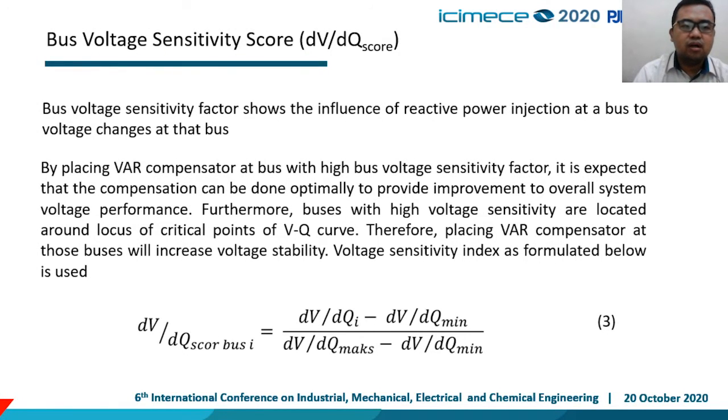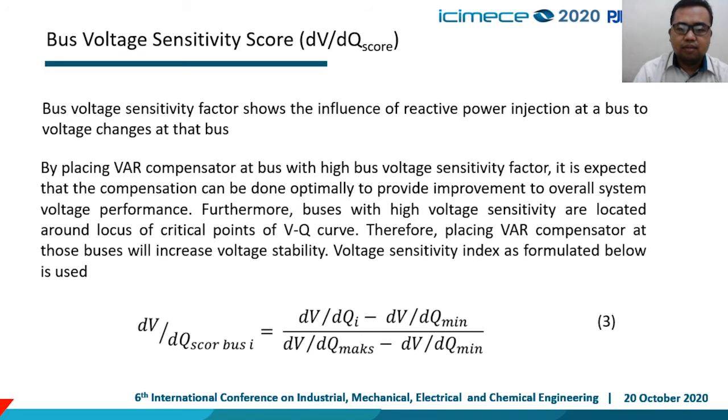Parameter 2, bus voltage sensitivity score, dQ/dV. Bus voltage sensitivity factor shows the influence of reactive power injection at a bus to voltage change at that bus. By placing VAR compensator at bus with high bus voltage sensitivity factor, it is expected that the compensation can be done optimally to provide improvement to overall system voltage performance.